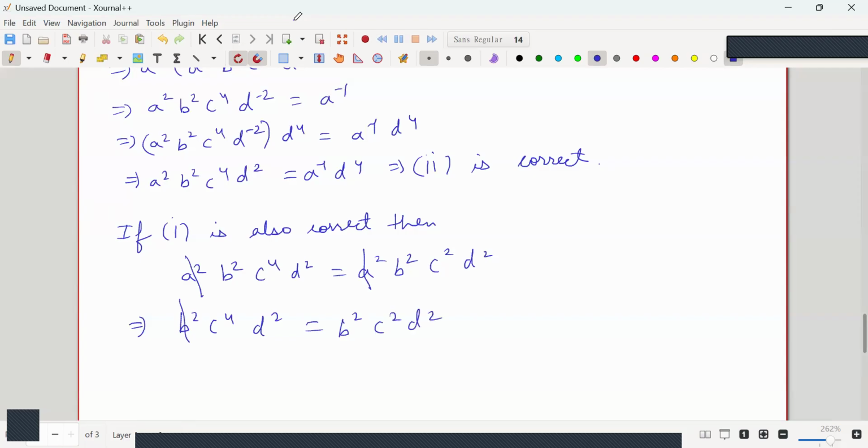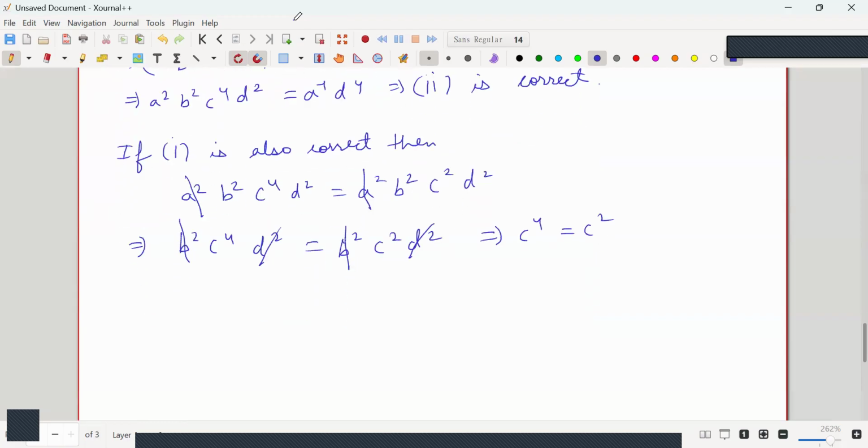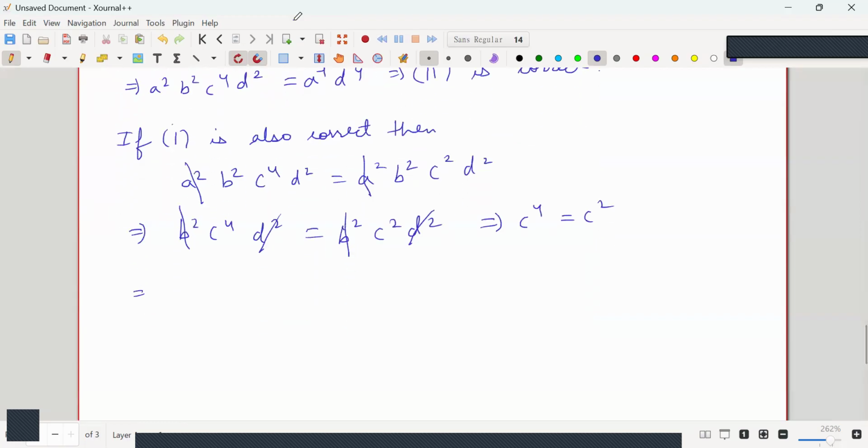Again, do the cancellation, and this will imply C4 is C square, which you can write as C square and then C square, identity. So again cancel C square. You will get C square is identity, but it is given that it is not identity. So it's a contradiction, right? So the first one is not correct.